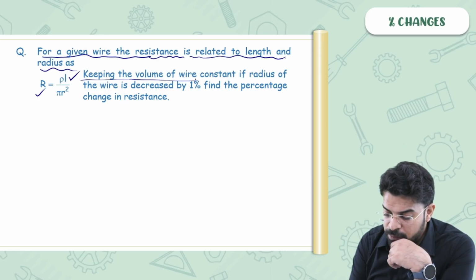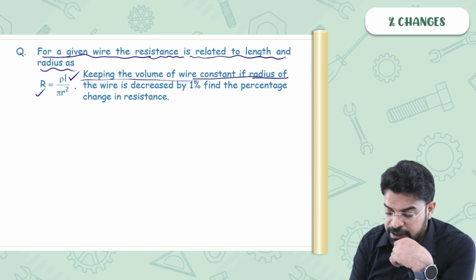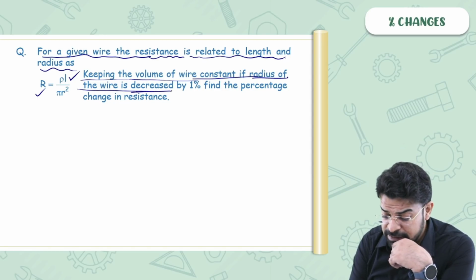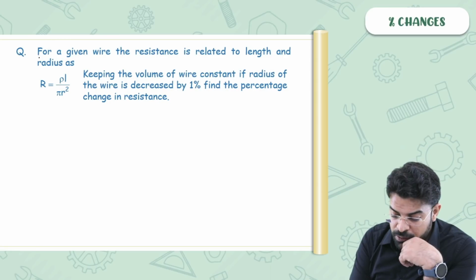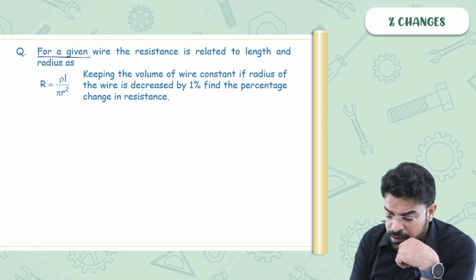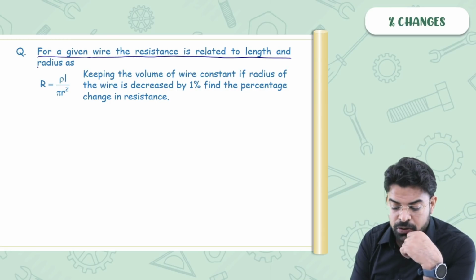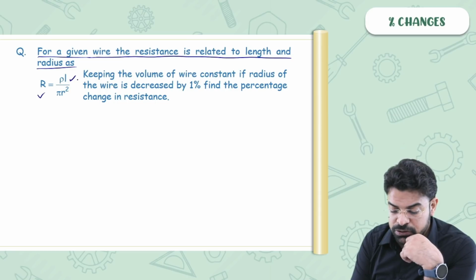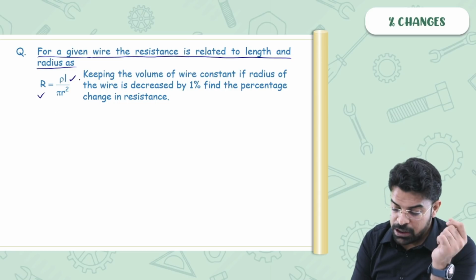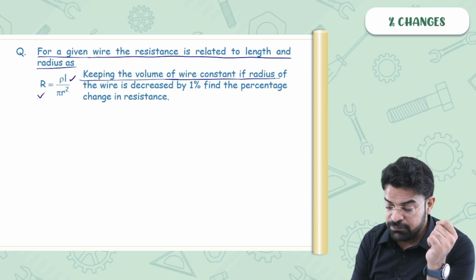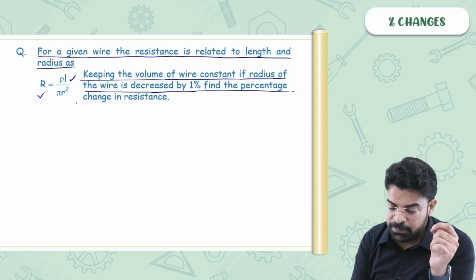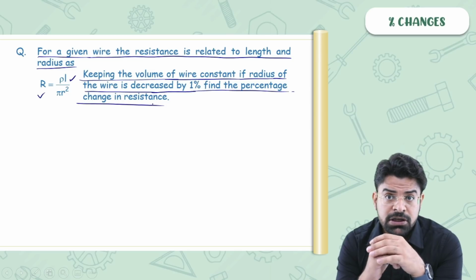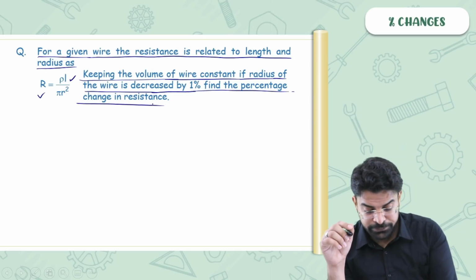Keeping the volume of the wire constant, if the radius of the wire is decreased by 1%, find the percentage change in resistance. So again here the volume is constant.